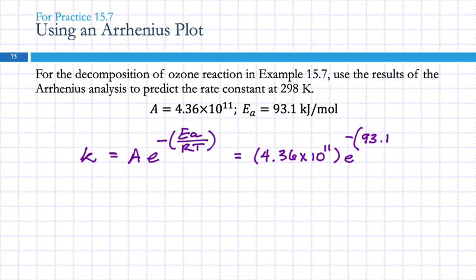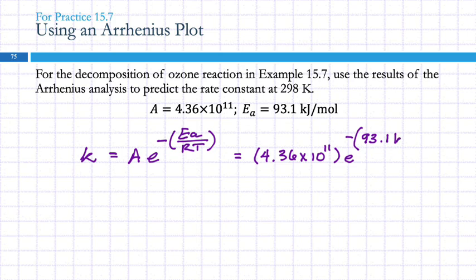It's going to be seriously messed up if we don't. So this is the kind of thing that I will try to trick you with on an exam, so watch out for that. When we're doing the calculation, we need joules here because the gas constant has joules, right?